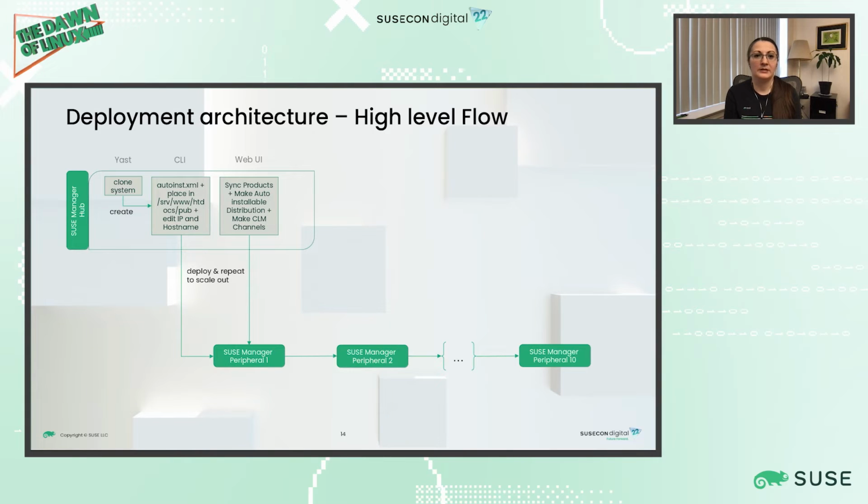We can place it using the CLI in /srv/www/htdocs/pub on our hub, edit the IP address and host name, and use this information together with the auto-installable distributions that have to be created in the web UI to deploy 1, 2, or however many peripherals we might need to. And this will be a sequential exercise. At this point, the peripheral servers would be spun up. They would have the same file system layout and sizing as our hub does, but SUSE Manager will not be installed or configured just yet.